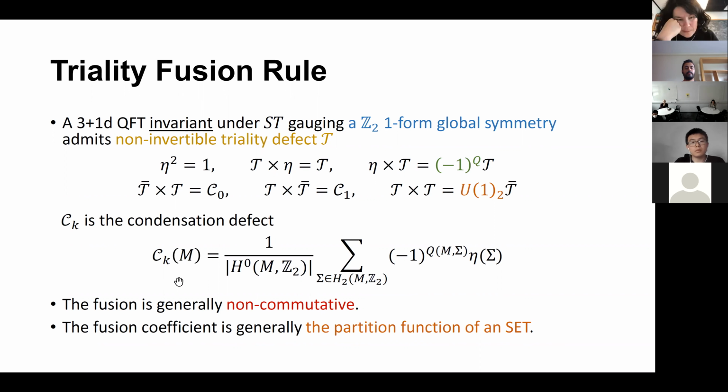And some lesson that we learn from this fusion rule is that the fusion is generally non-commutative. For example, when we fuse T bar and T in opposite order, we'll get a different answer. And also the fusion coefficient that we see here is generally the partition function of an SPT. So for example, it can be -1 to the Q, which is an invertible TQFT, or it can be the partition function of a U1 level 2 Chern-Simons theory.